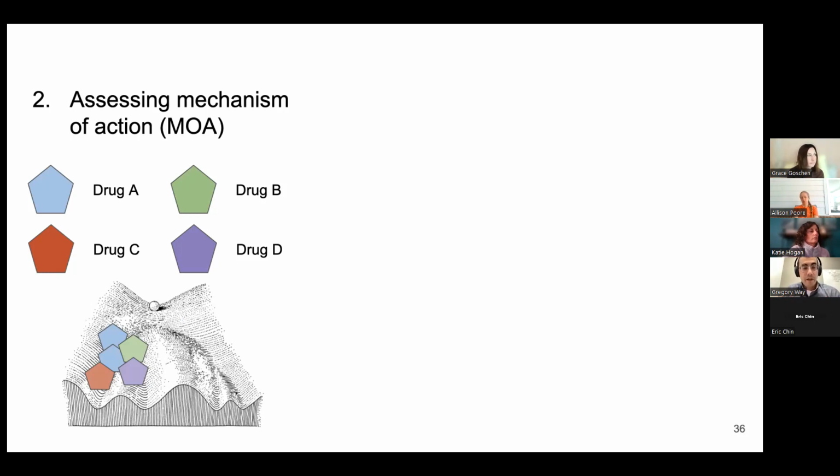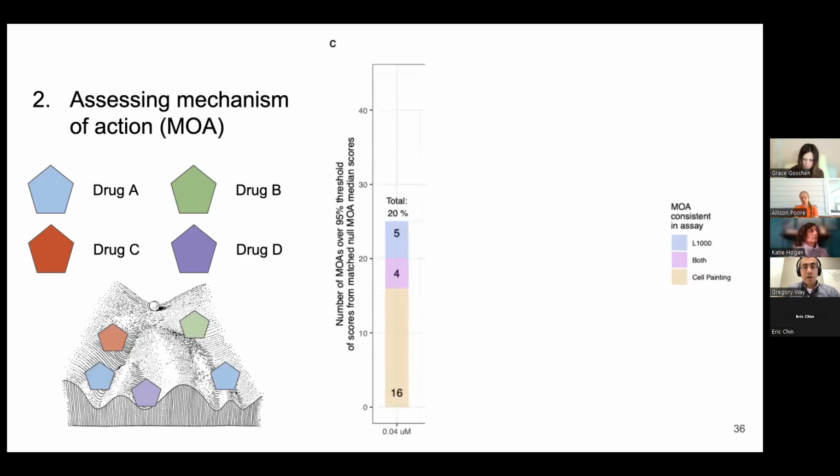Sometimes drugs have multiple MOAs. But just like in the previous experiment, if you have drugs that all have the same mechanism of action, this pentagon here, we want an assay to reliably measure them similarly. Whereas if they're all over the place in this high dimensional landscape, it might not be an effective assay. You can do this exact same visualization where at the low dose, I think there were somewhere between 50 and 80 different MOAs.